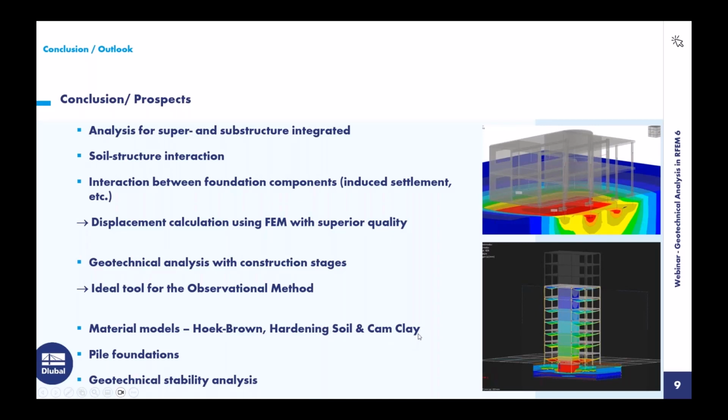And the Cam-Clay model, the development has started for it. We also have the pile foundations in progress. This will come, and we have the geotechnical stability analysis planned. Yeah, that's it as prospect from what's going on in our team for you.